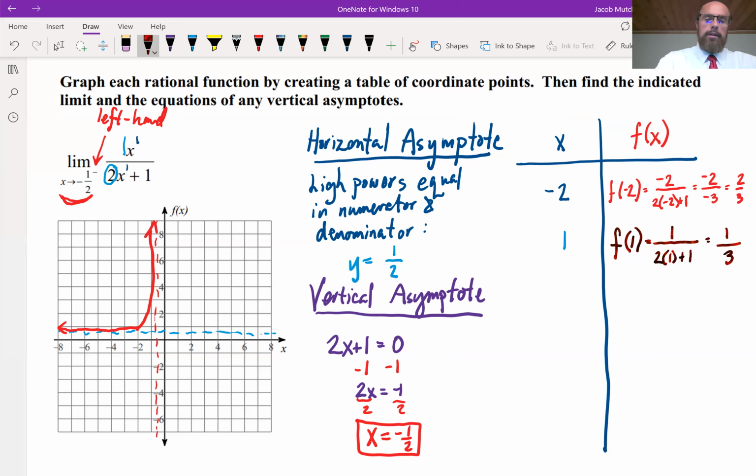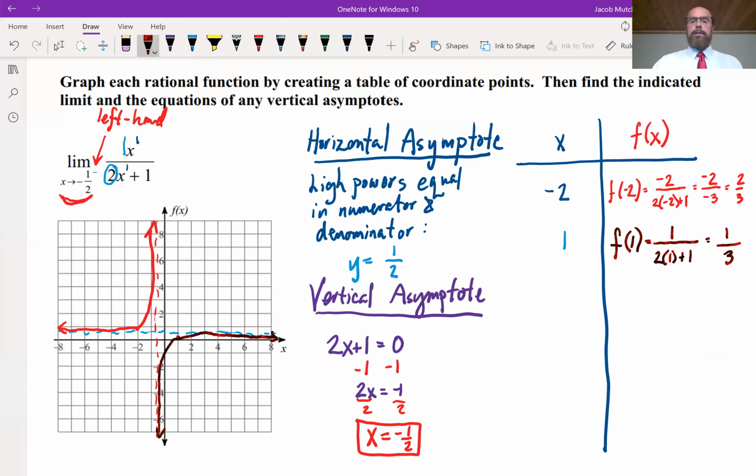So at 1, 1/3 is less than the horizontal asymptote at half. So this right-hand branch is going to be mostly down below. In fact, all below that, it just kind of skates up into quadrant 1 as it approaches the horizontal asymptote.